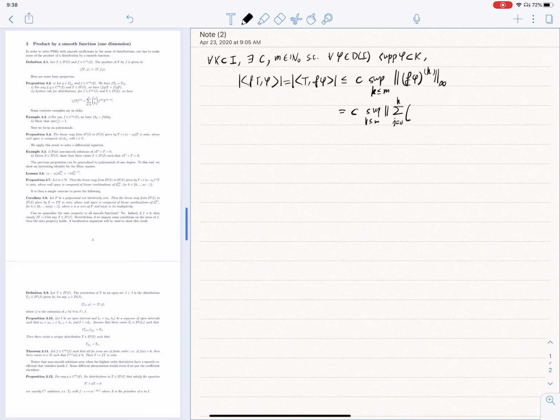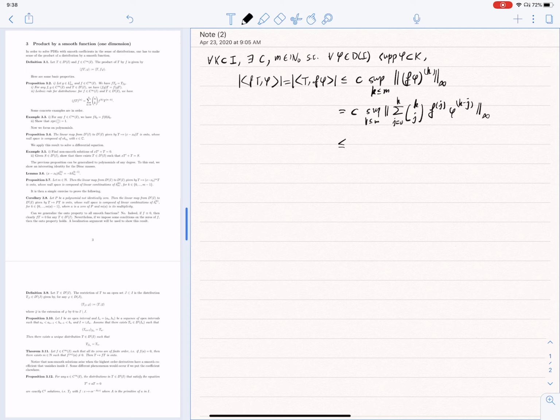The Leibniz rule says that the k-th derivative of the product of two smooth functions is given by the sum of the combinatorial coefficient k choose j, times the j-th derivative of f times the (k minus j)-th derivative of phi, in uniform norm. And of course, we can use the triangle inequality to prove that.